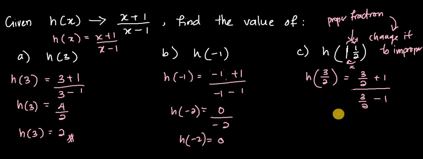Now this one you can use your calculator to solve. 3 over 2 plus 1, you would get 5 over 2, over, and the bottom one, if you say 3 over 2 minus 1, you would get the answer 1 over 2. So you solve this separately: the top gives 5 over 2, and the bottom gives 1 over 2.